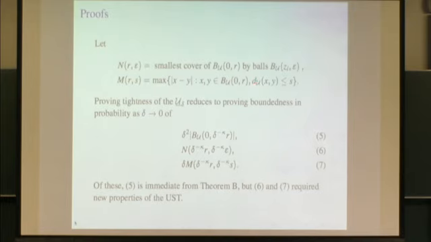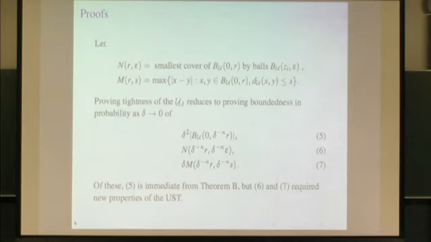So we look at an intrinsic ball of radius r, we look at points which are distance no more than s apart in the intrinsic metric, and we look at the biggest Euclidean distance between those points, and we write that as M(r, s). Then it turns out that proving tightness of the U deltas reduces to proving that the following three quantities are bounded in probability.